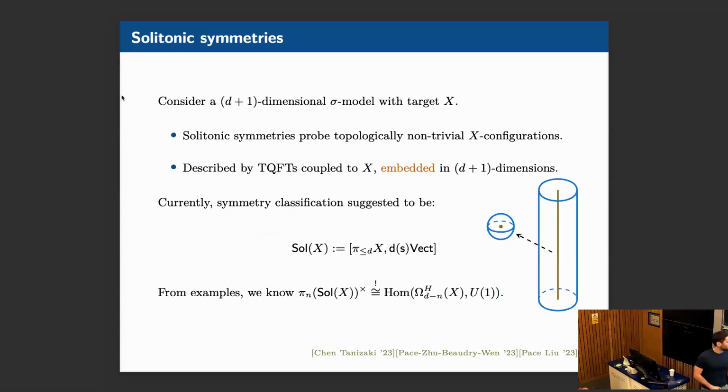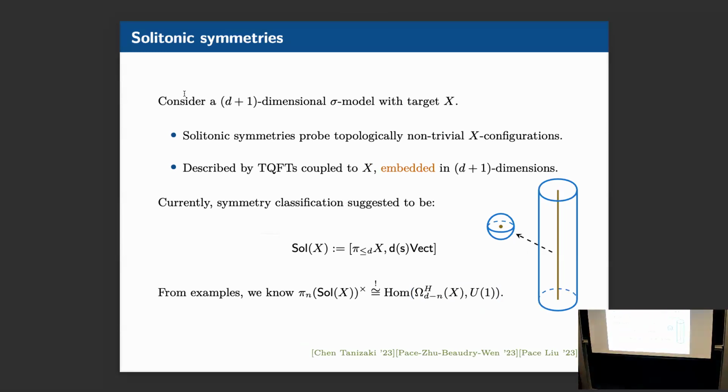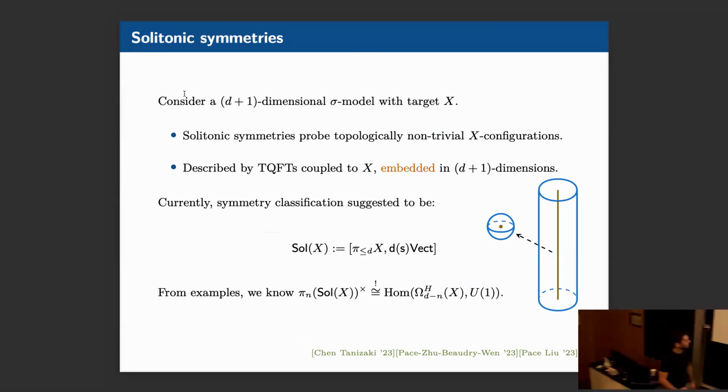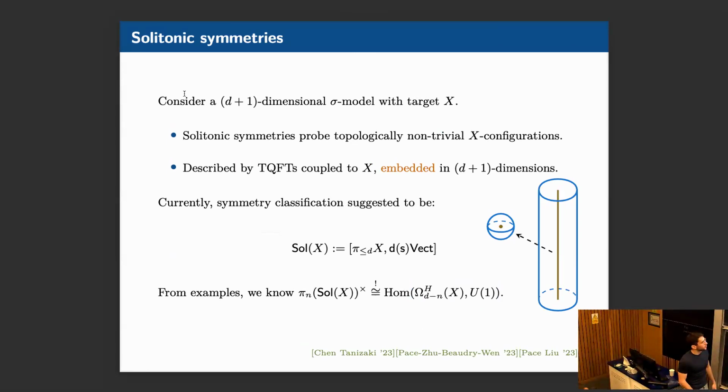Okay, so I just reviewed how things are, say, for Hilbert space in the oriented case. Now let me go to the actual applications and try to make use of these things I just told you about. In particular, I'm going to say something about solitonic symmetries. So what are solitonic symmetries? Well, solitonic symmetries are symmetries that classify the topologically non-trivial soliton configurations of a sigma model, say generically in d+1 dimensions, with some target.